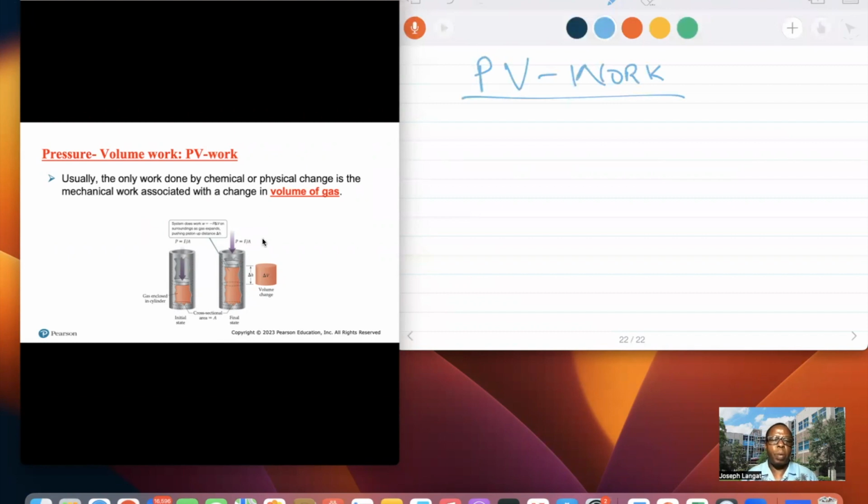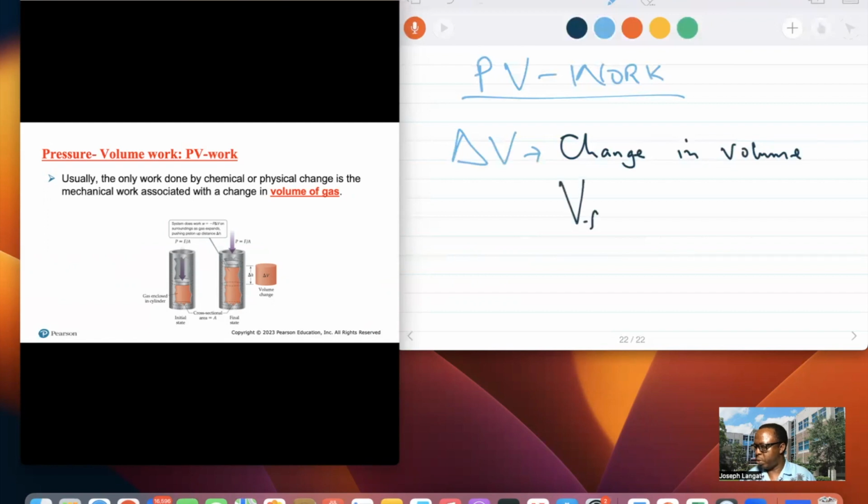When it's expanding, change in, gonna be using this as well. This means change in volume, which is V final minus V initial.